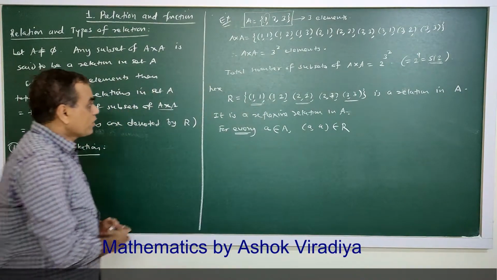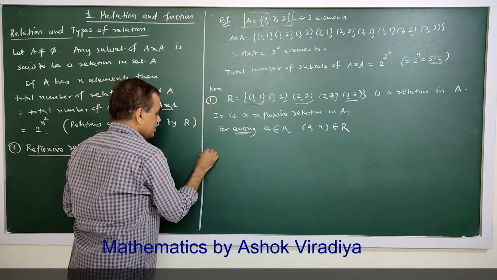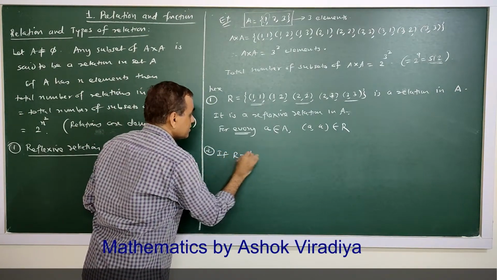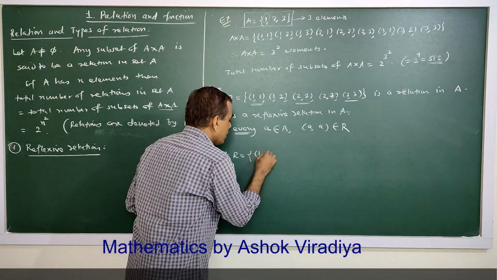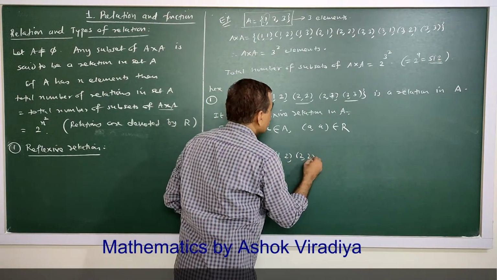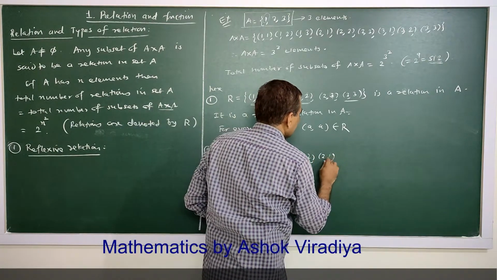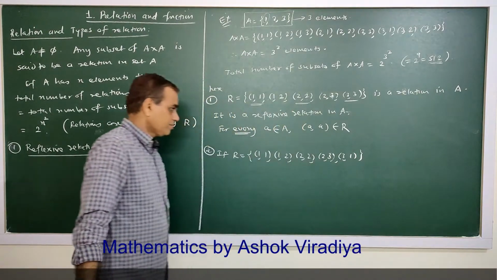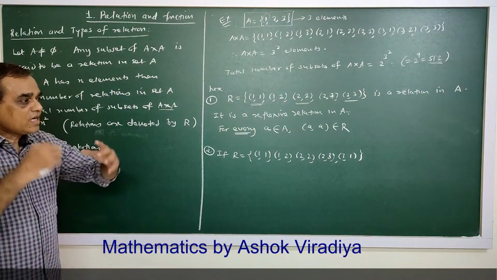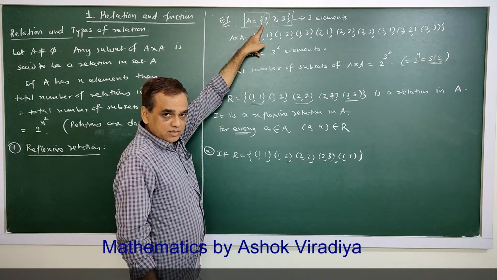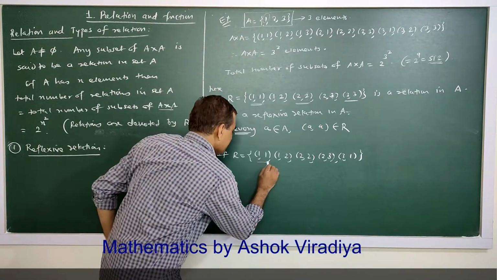Let me take one more example. Suppose I am taking R as (1,1), (1,2), (2,2), (2,3), (3,1). Now look here, 1, doubling of 1 is here, (1,1).